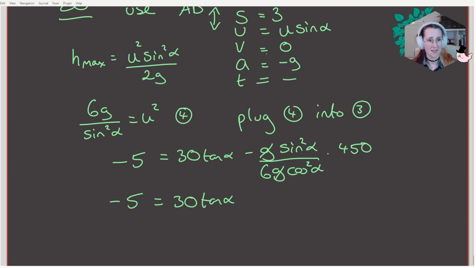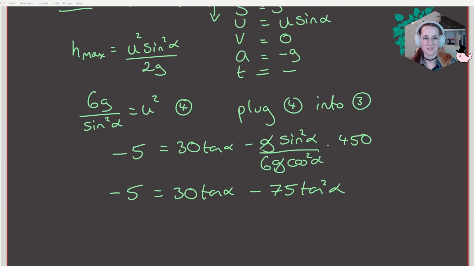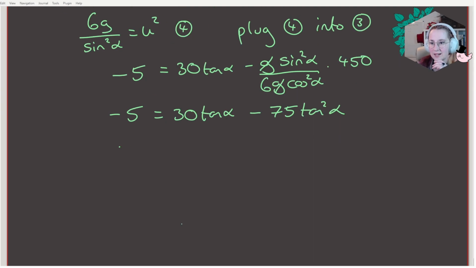450 divided by 6 is a number. 75? It had a 15 feeling about it. Yeah, 75. Tan squared alpha. Okay, and this just gives us 75 tan squared alpha minus 30 tan alpha minus 5 equals 0.